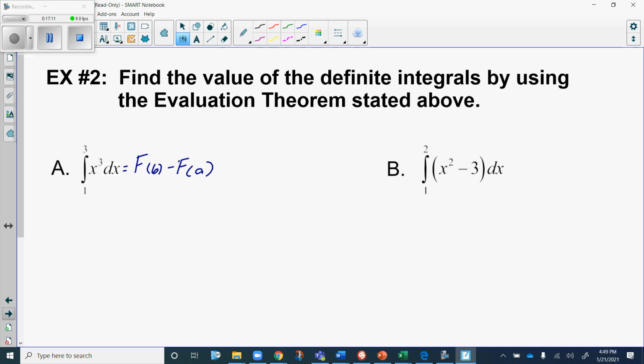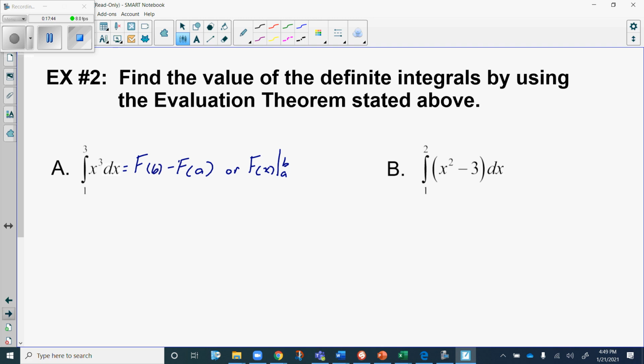Or you can look at it as the antiderivative evaluated from a to b. Whichever way you prefer, as long as you understand that we need to find the antiderivative of the integrand, then substitute the numbers given to us into the antiderivative and take the difference.